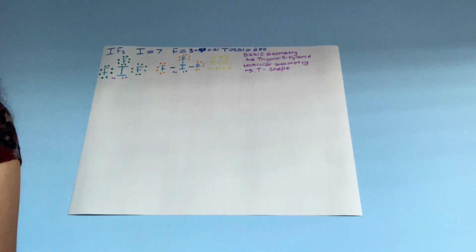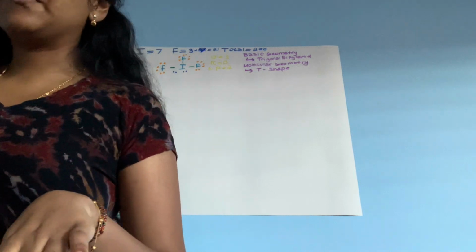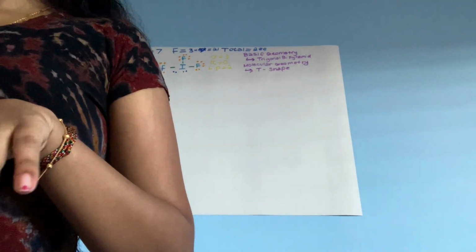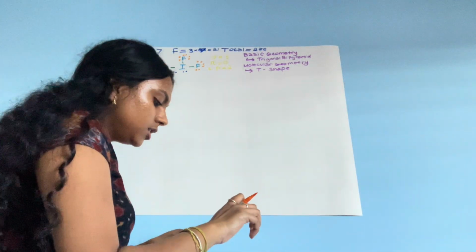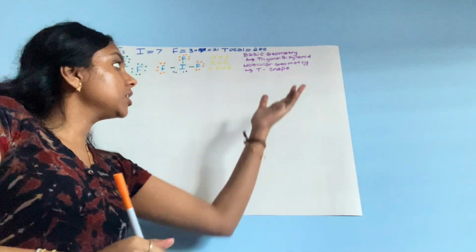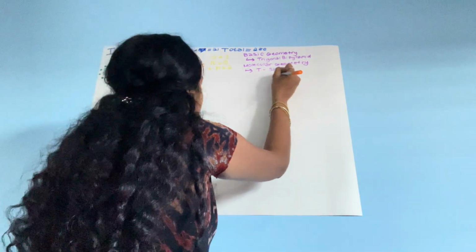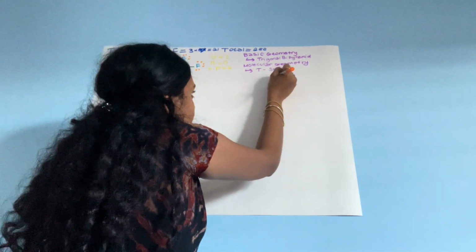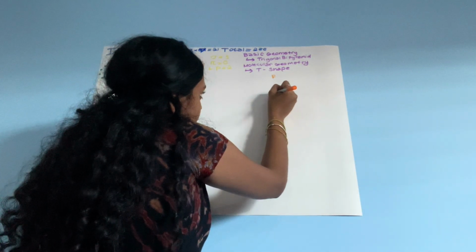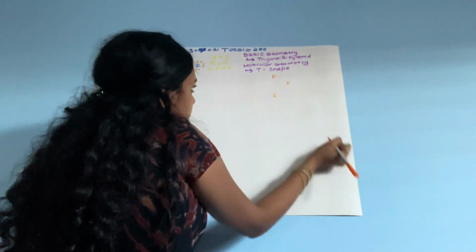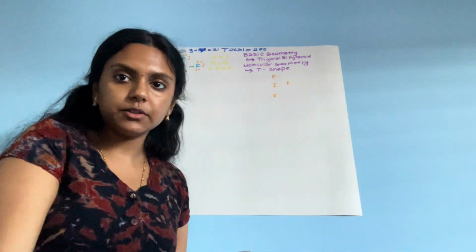Okay, so now we're going to be drawing our VSEPR diagram. We'll draw that in orange. Since it's called T-shape, it does look like a T. And we have our fluorine, our second fluorine, and our third fluorine. Now we're going to draw our iodine in the middle.